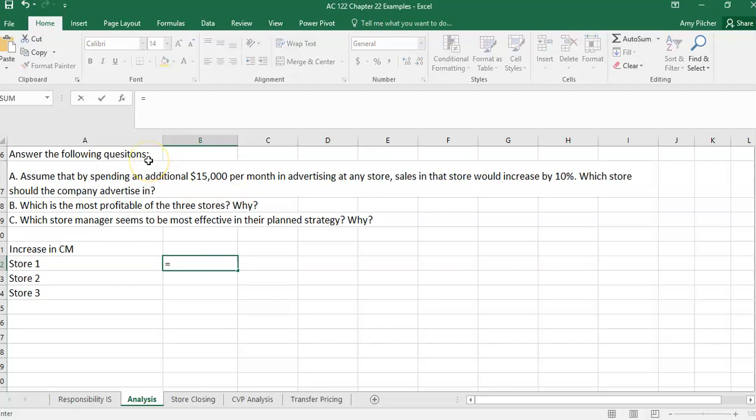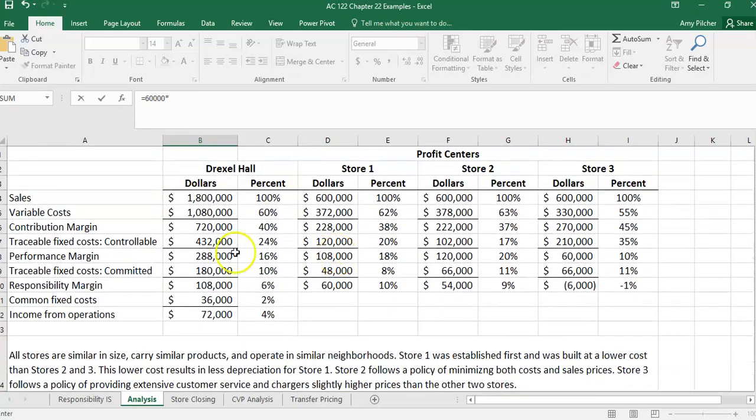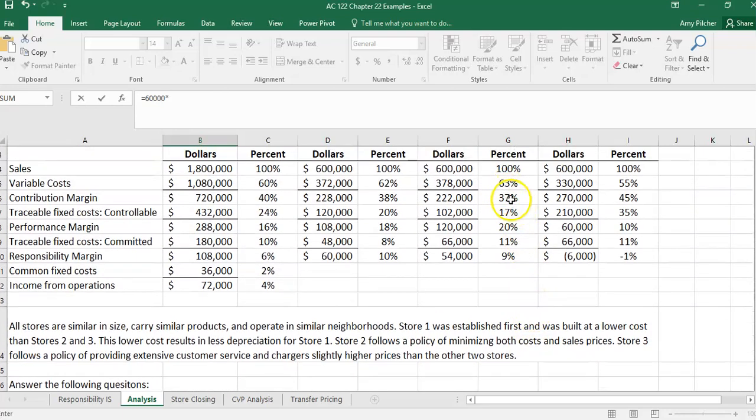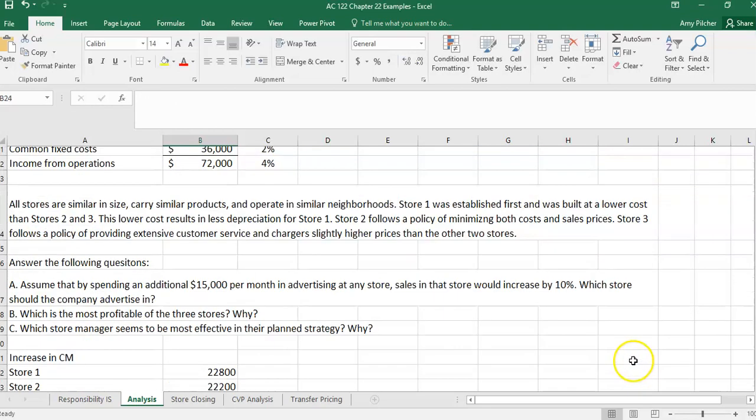So we would take that $60,000 sales increase times our contribution margin percent for the stores. Store 1 is 38%. Store 2 would be 60,000 times the contribution margin of 37%.